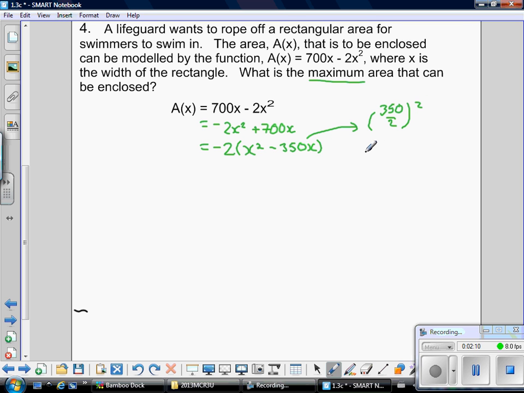Now, when you're doing word questions, one thing that you can do is you can give decimals if the question does have decimals. Okay, now this is negative. Make sure I use negative. So 175, and I need to square that number. When I square it, my calculator tells me I end up with 30,625. So I'm going to add this and subtract it.